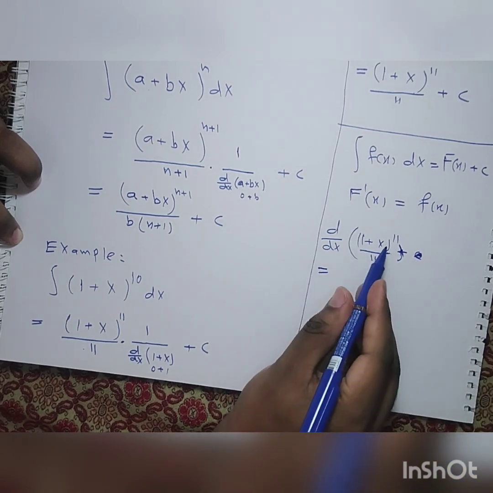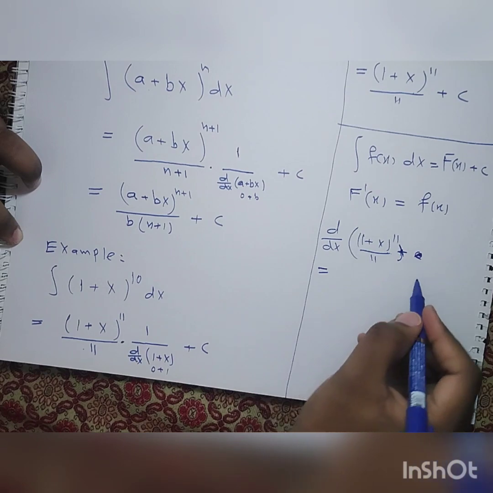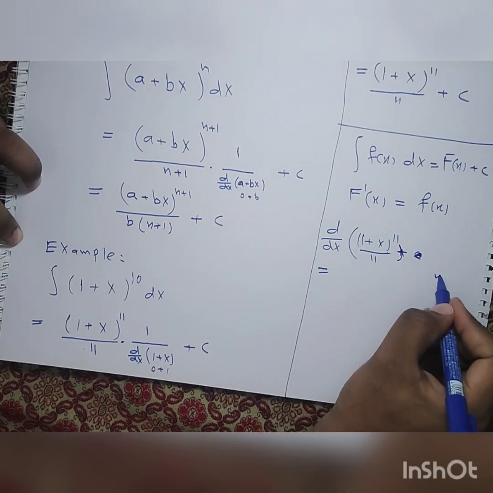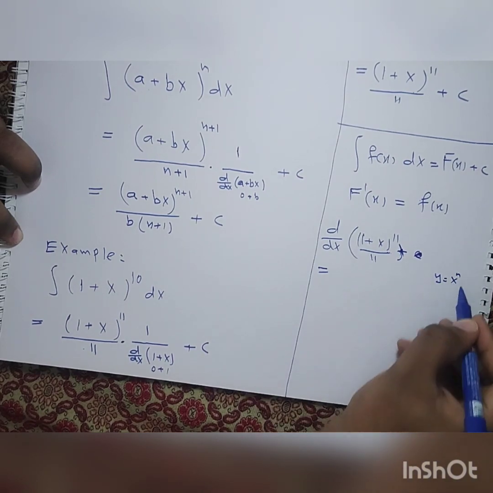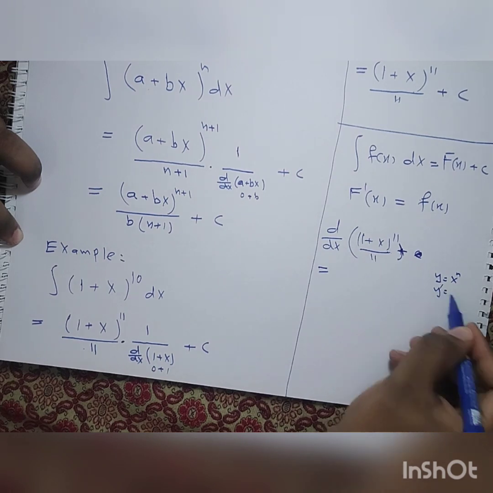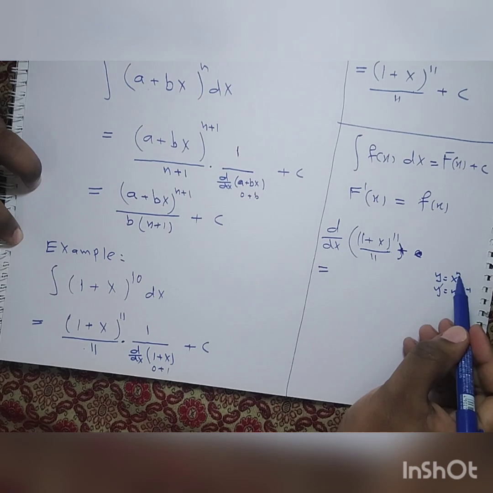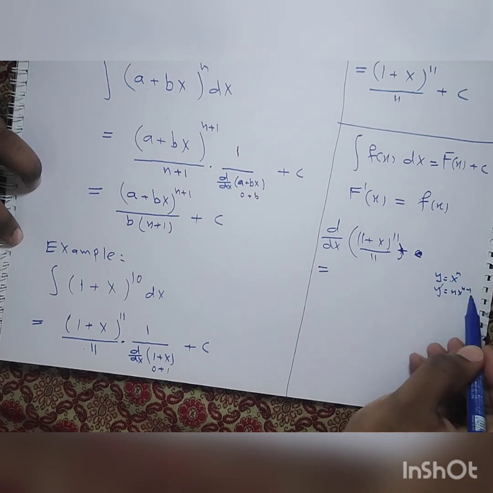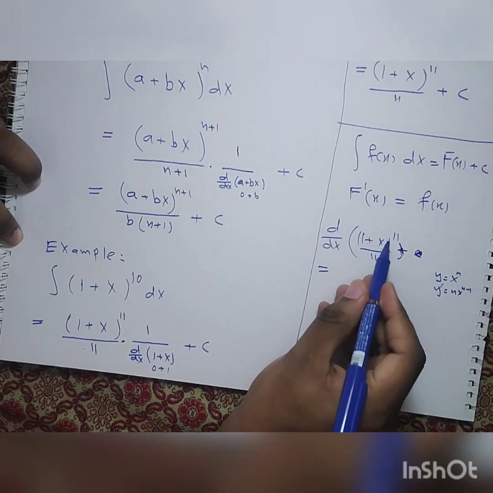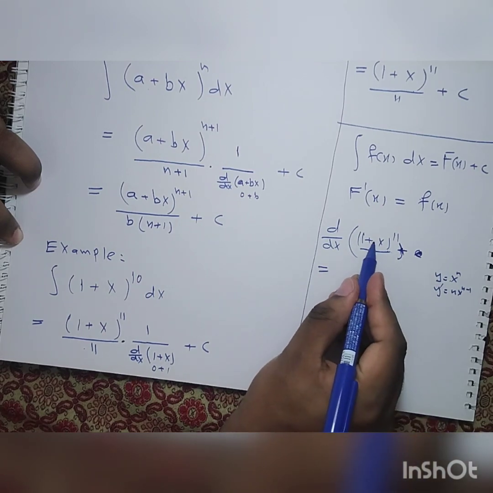We know that whenever you have y equal to x to the power n, then y prime, which is the derivative, will be n x to the power n minus 1. That means we multiply the exponent by the coefficient of x and we subtract 1, right? So we do the same here, but then that is different.